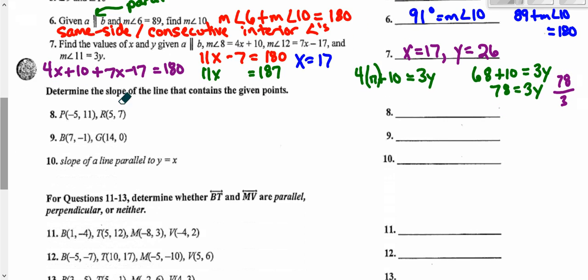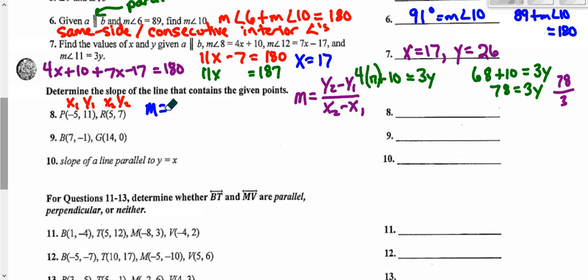Here it says determine the slope of the line that contains the given points. So we're going to go ahead and use our slope formula, which is m equals y2 minus y1 over x2 minus x1. I'm going to label these points. So here's my x1, here's my x2 with the 5, 11 is y1, and 7 is y2. Let's go ahead and plug in these numbers.